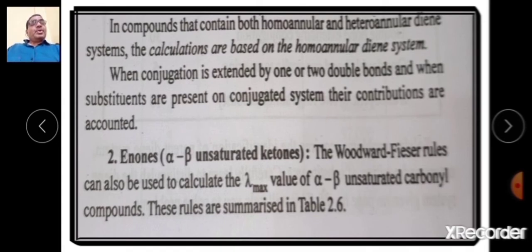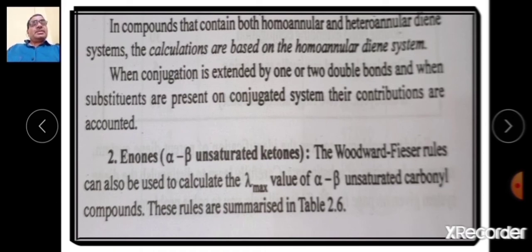Therefore, when both systems are present, you have to use the homoannular diene system value for the calculation. Now when conjugation is extended by one or two double bonds, and when substitutions are present on the conjugated system, their contributions are also accounted. That is, we have seen when substitutions are present.